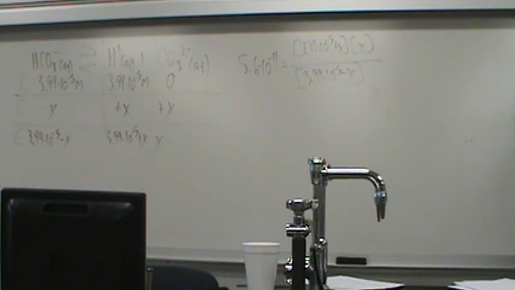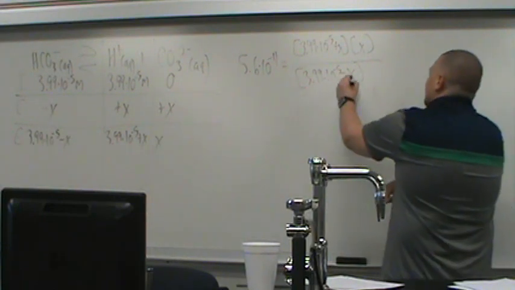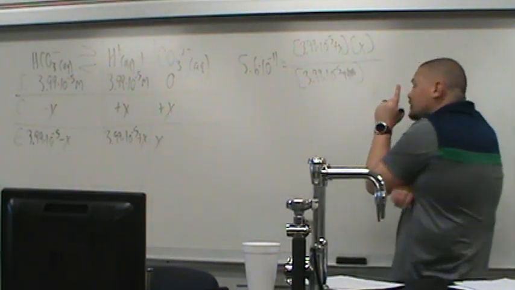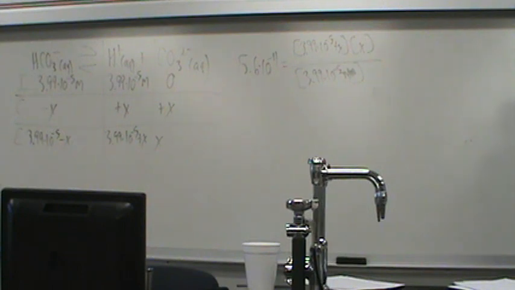Okay, so dissociation constant, very small, right? So what can we do with that minus X? It's out of here. Now, guess what else we can do in this situation? We can get rid of that plus X as well.